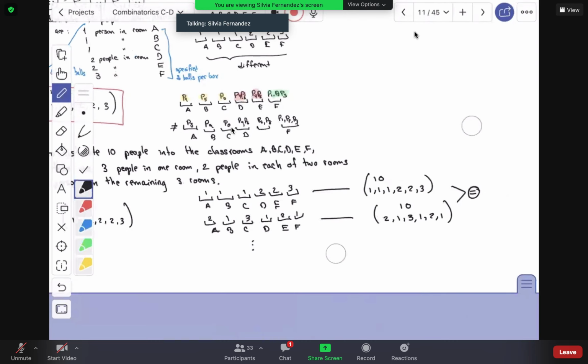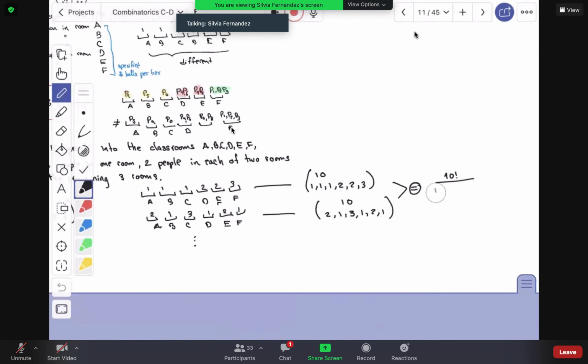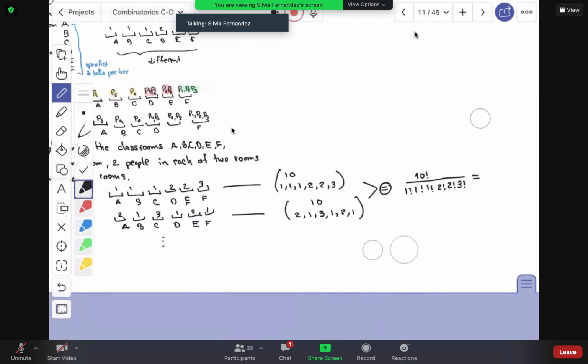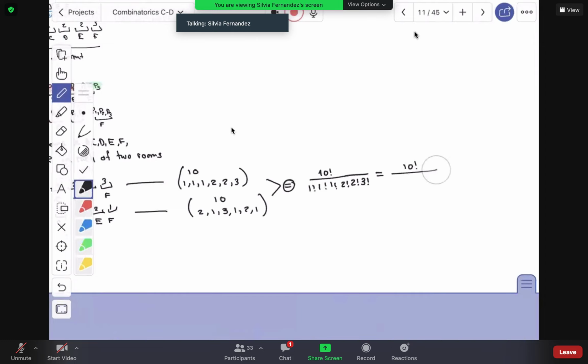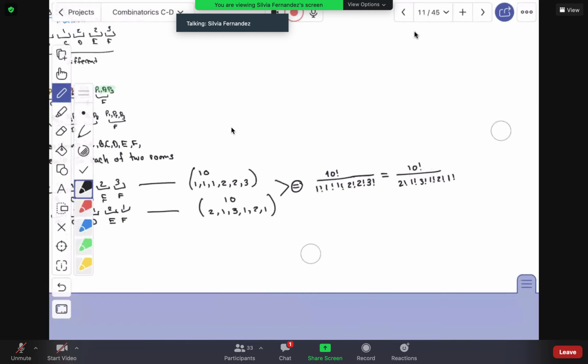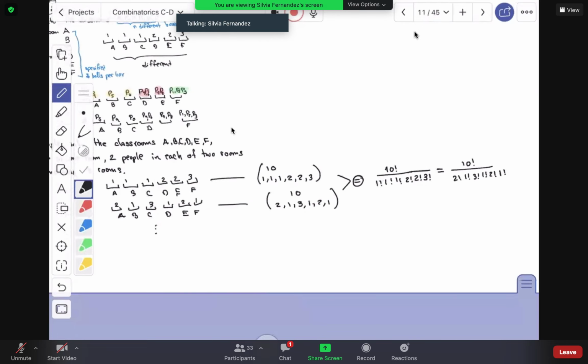These two numbers are equal to 10 factorial over 1 factorial, 1 factorial, 2 factorial, 2 factorial, 3 factorial. And that's obviously equal to whatever order I place my factors in the denominator, right? So any of these choices that we make here, I can write another one.